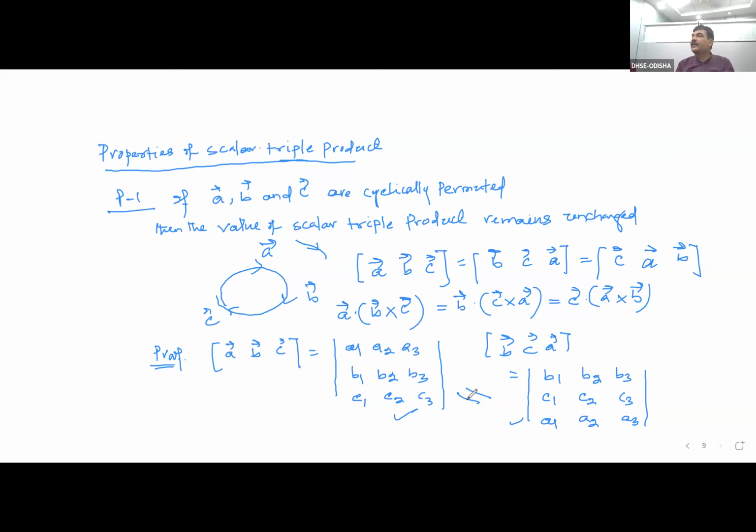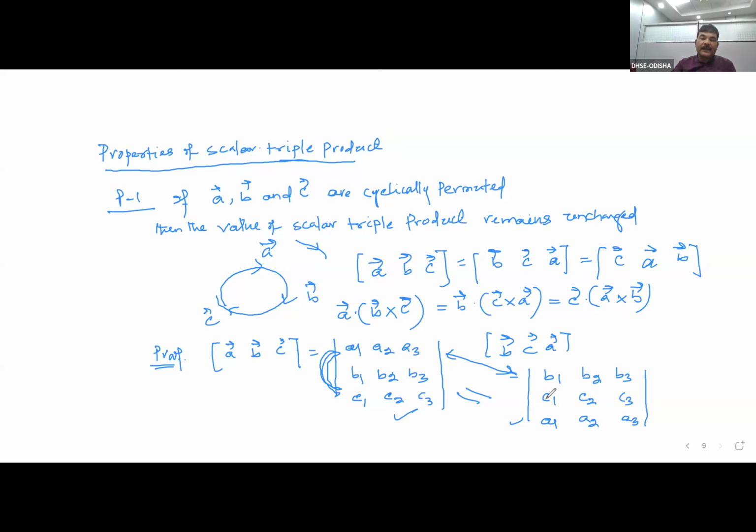So if you interchange an odd number of times, there will be a negative sign, and if you interchange an even number of times, there will be a positive sign. From this determinant to that one, we first have to interchange row 1 and row 3, and there will be a negative sign.